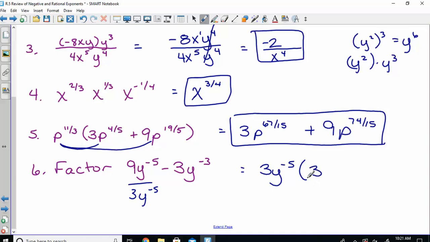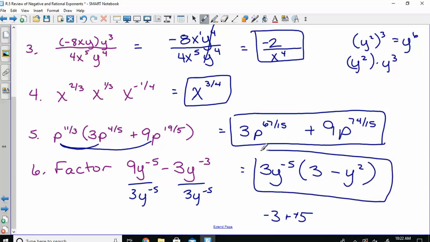So 9 divided by 3 is 3. I took out all those y's, so it's gone. Minus. This one, my 3's cancel. You subtract your exponents. What's negative 3 minus negative 5? Positive 2, so y squared. Any questions, sir? So you have the rest.